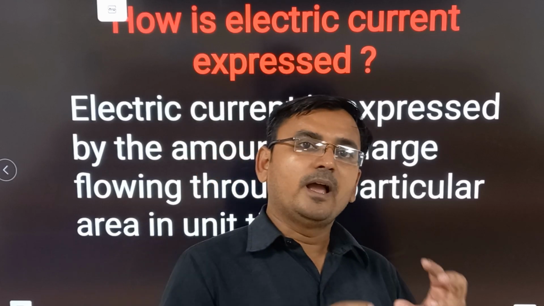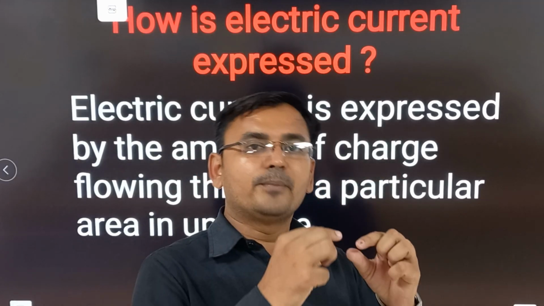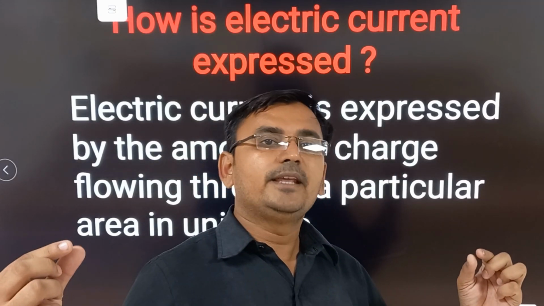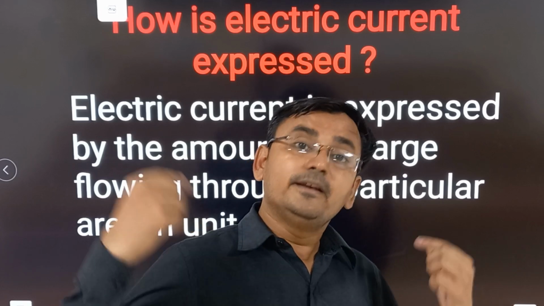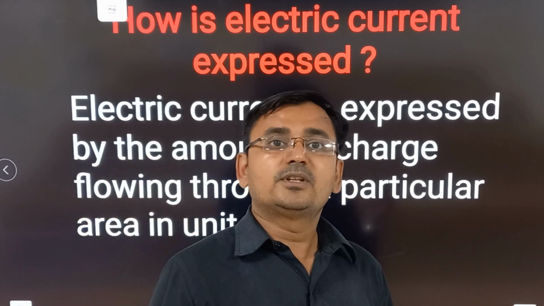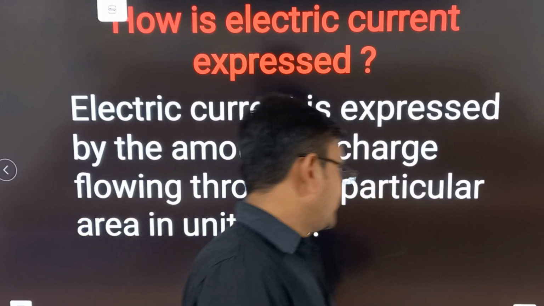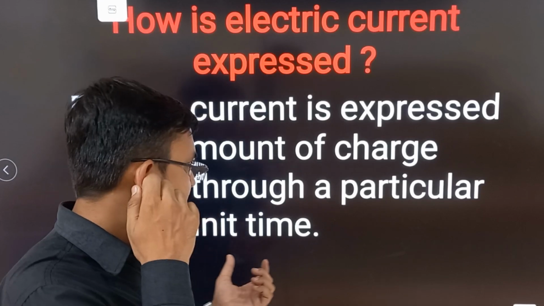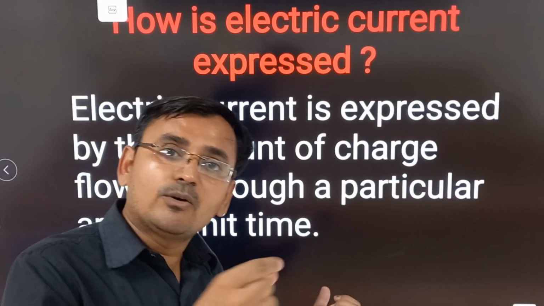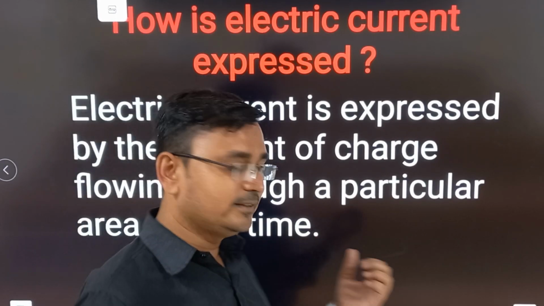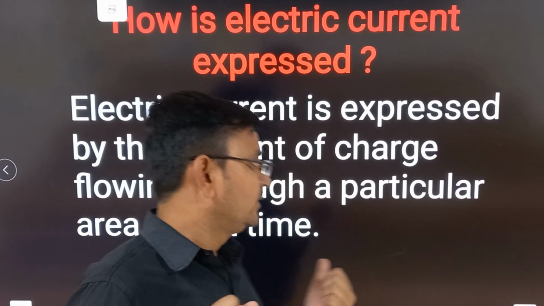It means how much charge flows through a particular area of a conductor in some time. So three factors we have to consider. One is the amount of charge, another is the area of the conductor, and the third is time. Okay.